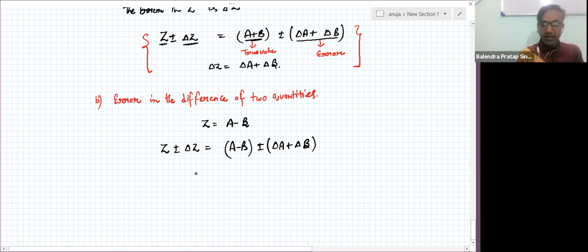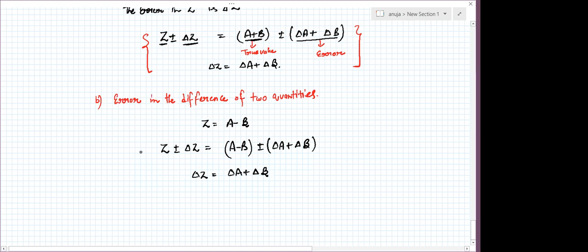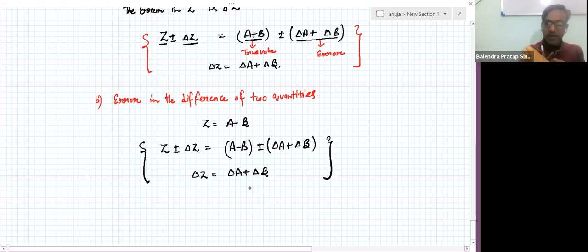So here delta Z is equal to delta A plus delta B. Okay. So error basically never gets subtracted. It always gets added.